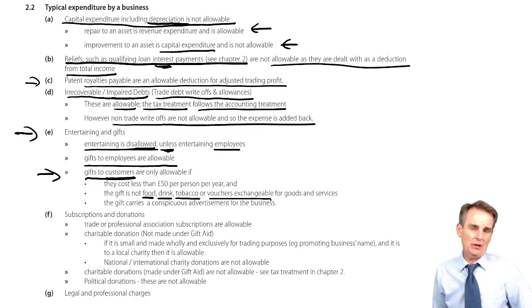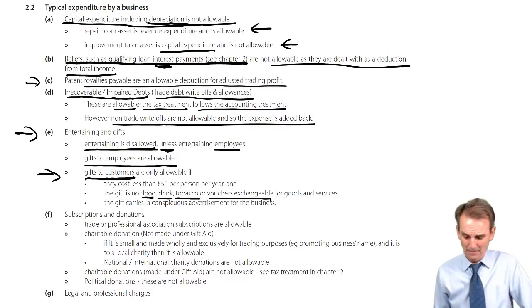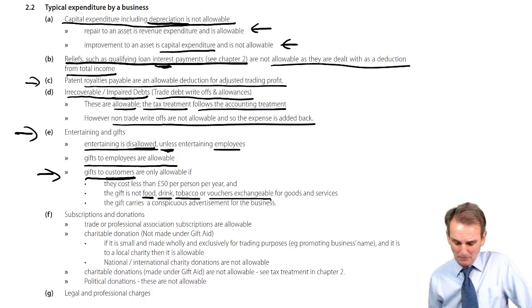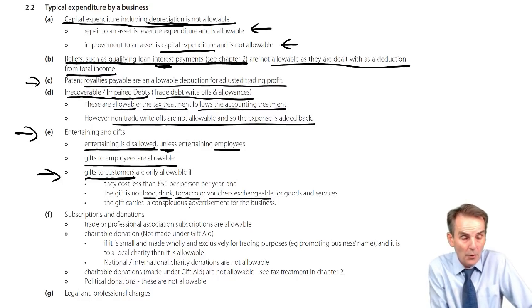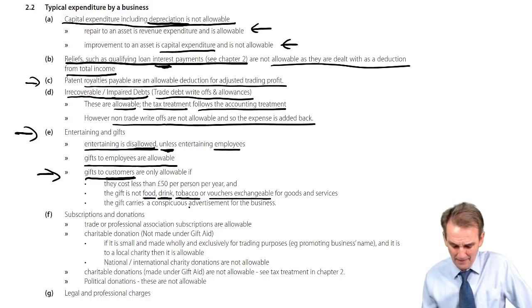Doesn't matter whether they cost less than £50, they are not allowable. Now, you might say, well, what about though if you're in the food business or the drink business or the tobacco business? Would then, if you provide what is your product to your customers, would that be okay?